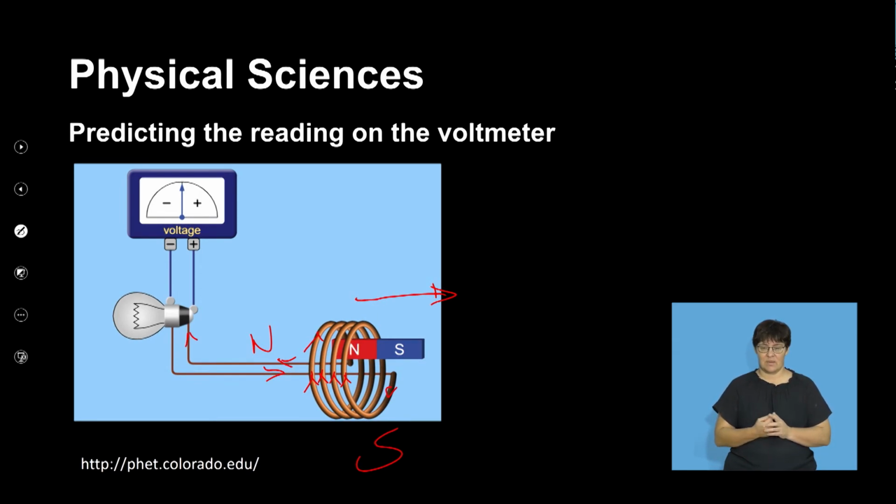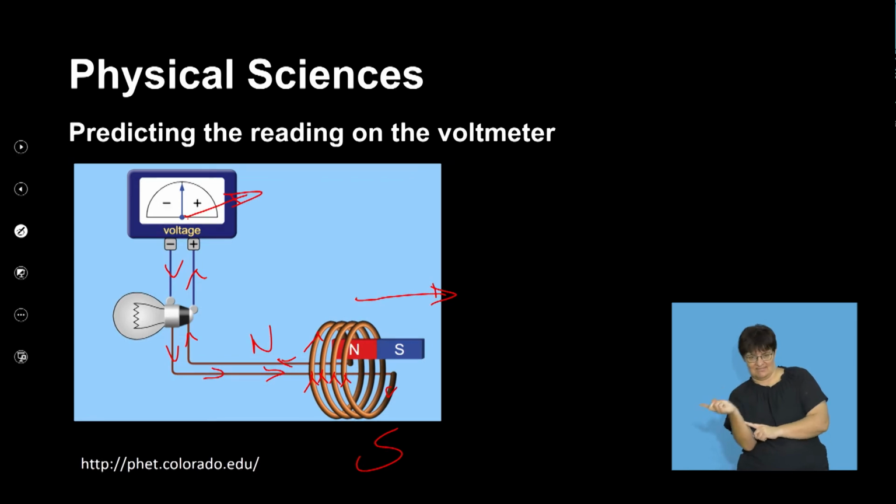And I've marked all these points. So it goes in at the positive, and it's going to come out at the negative through the light bulb. And so we've got the completed circuit. And in which direction is the needle going to go? Well, if it goes in at the positive, then we're going to predict it's going to go positive deflection in that way. And that's just what we've seen.